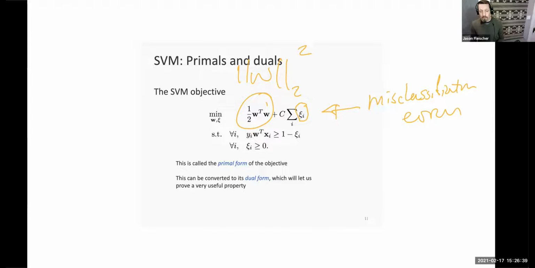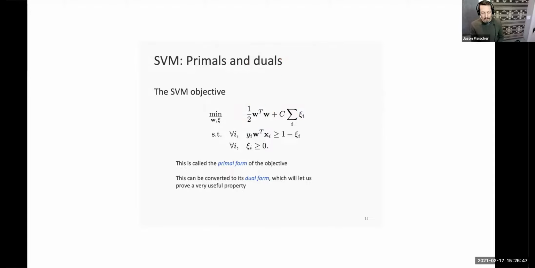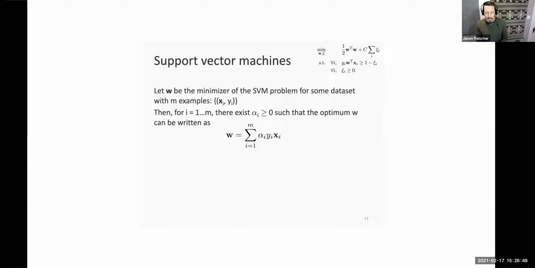And I'm going to skip all the math because this is not a class about how to do optimizers. What the dual form enables us to realize is that the solution, the minimizer weight vector, is just a linear sum of the data points themselves. That's our training data in there.